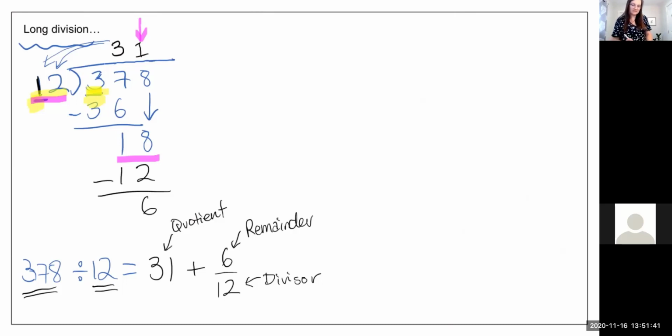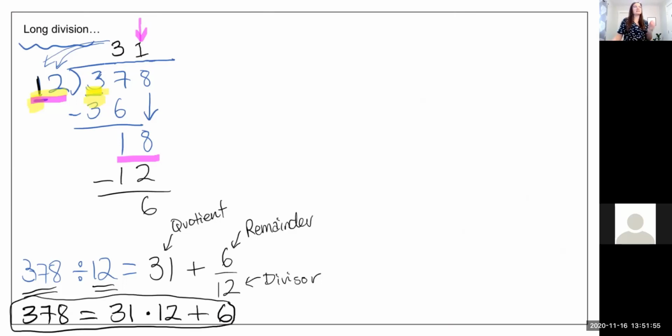Another way to write this is that 378 is equal to 31 times 12 plus the remainder. This is going to be one of our more useful forms because we're taking that initial polynomial and trying to separate it into the factors and the remainder. So: the quotient times the divisor plus the remainder.